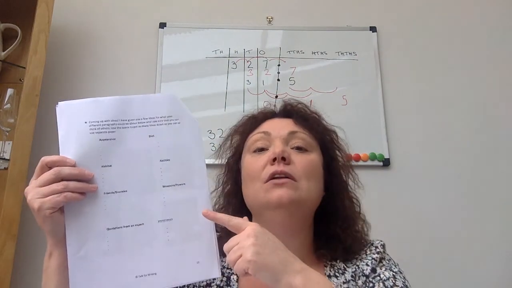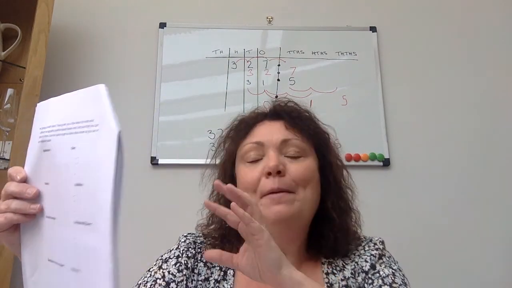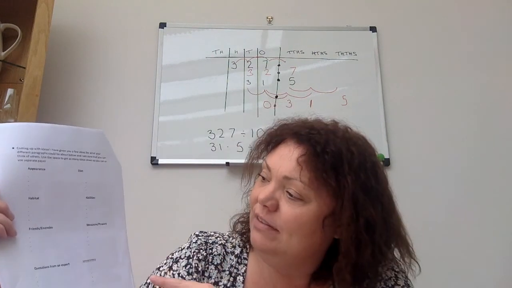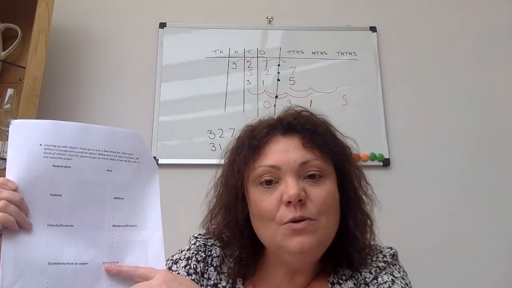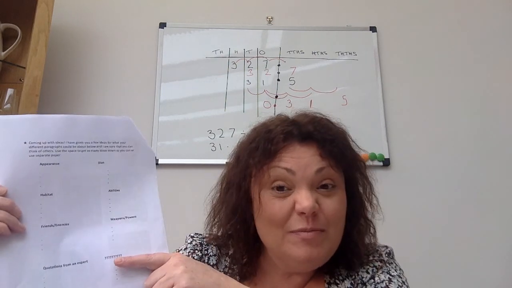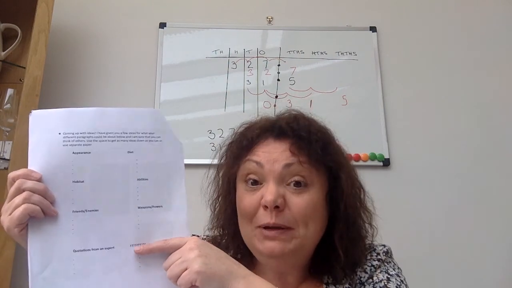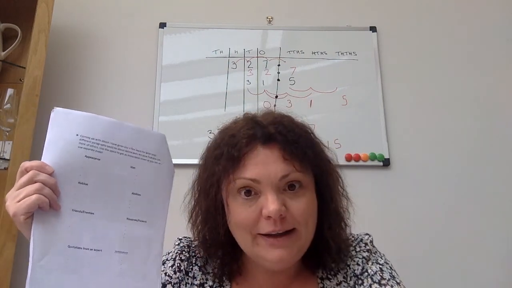I know that a lot of you had a lot of fun describing all of these characteristics. Well, that planning sheet doesn't include all of those, like friends, enemies, weapons, power. And we had a lot of fun with this question mark, thinking about what else you could write about, any extra information. And should you be cautious when you approach the swamp monster? I need to know stuff like that, Year 6.